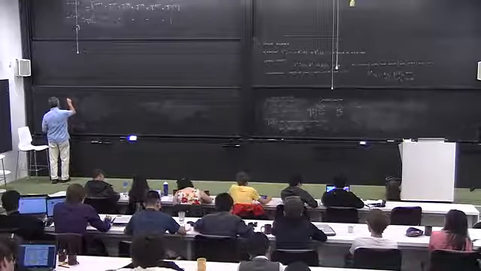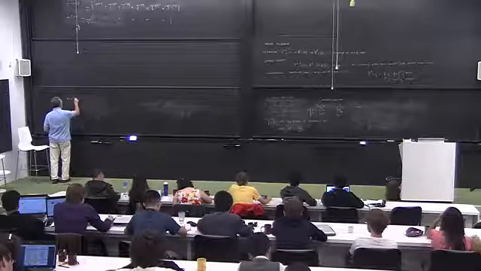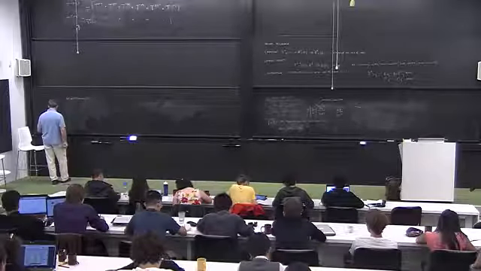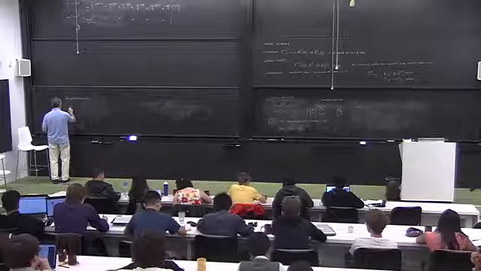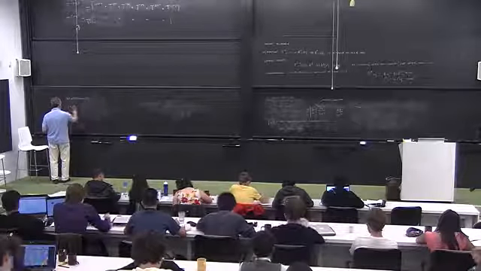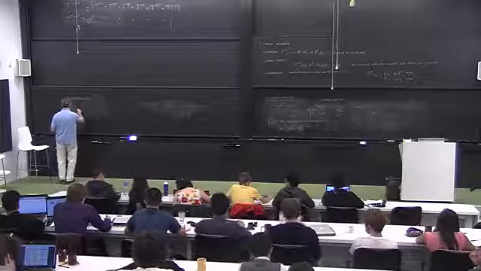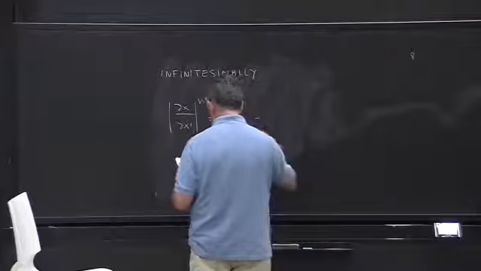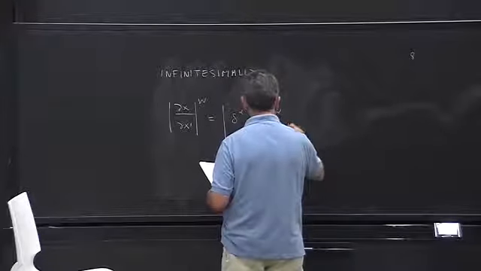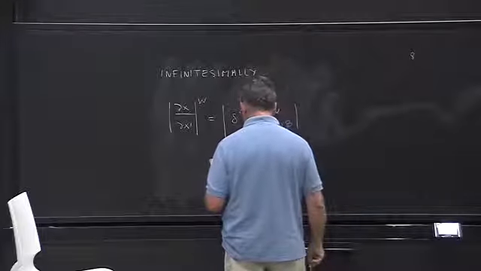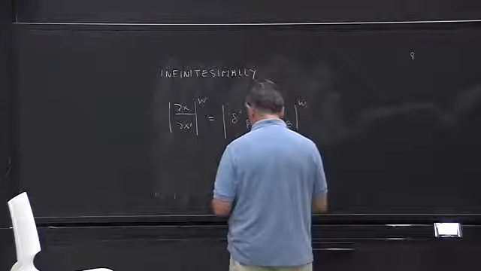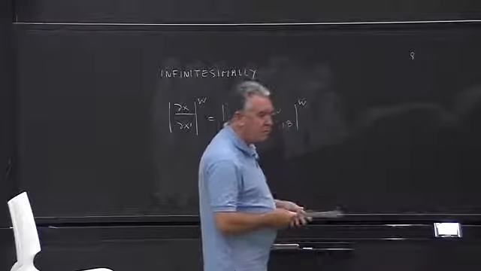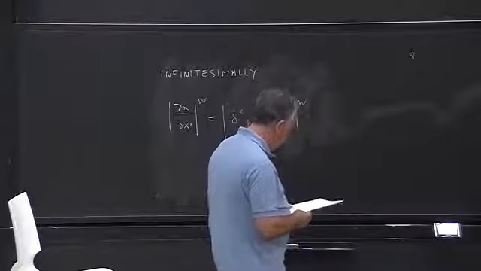Now, infinitesimally, (dx/dx')^w is (delta alpha beta minus epsilon alpha beta) to the w, where epsilon was the infinitesimal change in the vector.